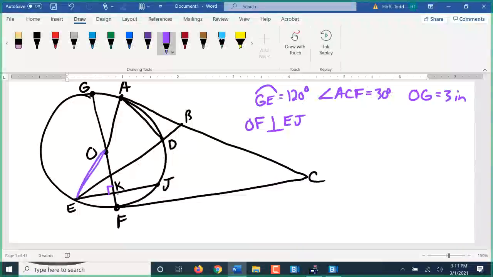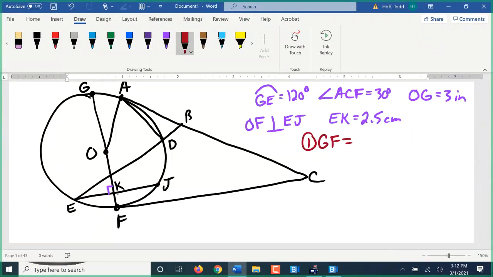And if there were radii here, it would split that angle into two equal angles as well. And then we'll be told that EK equals 2. First question is find length GF.